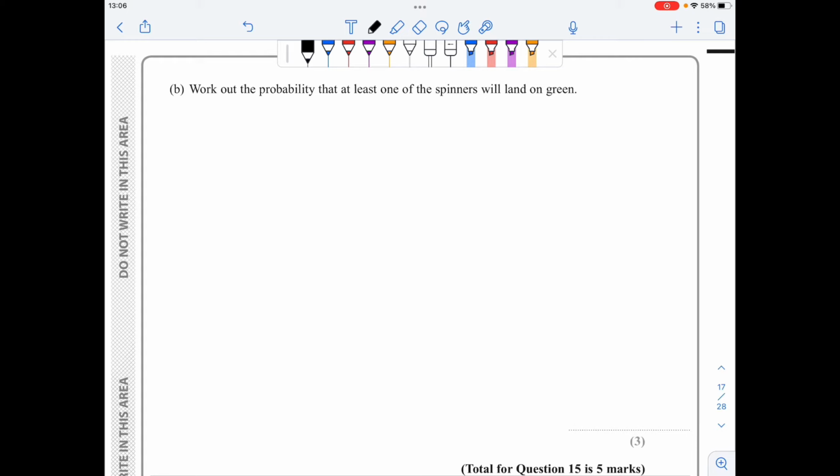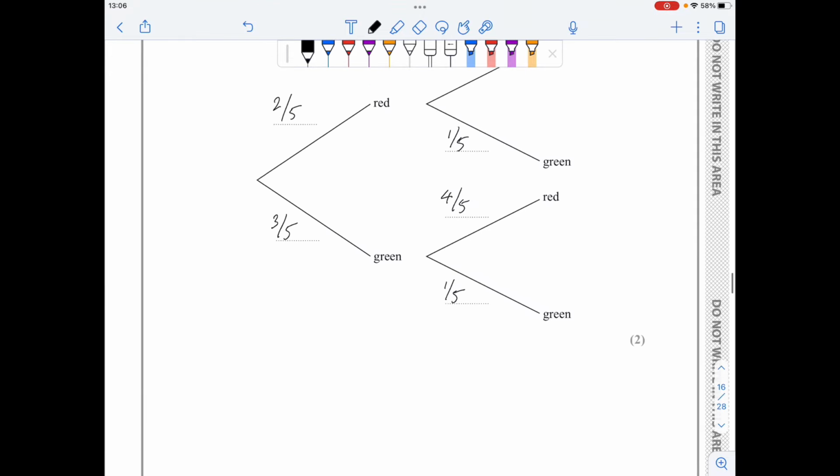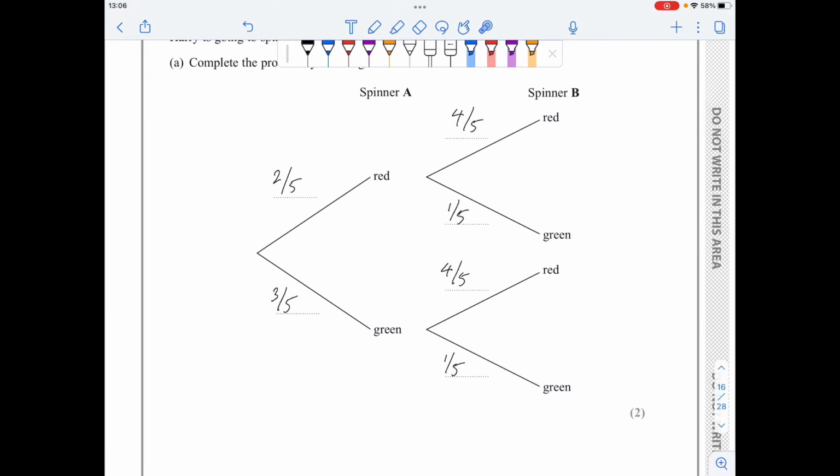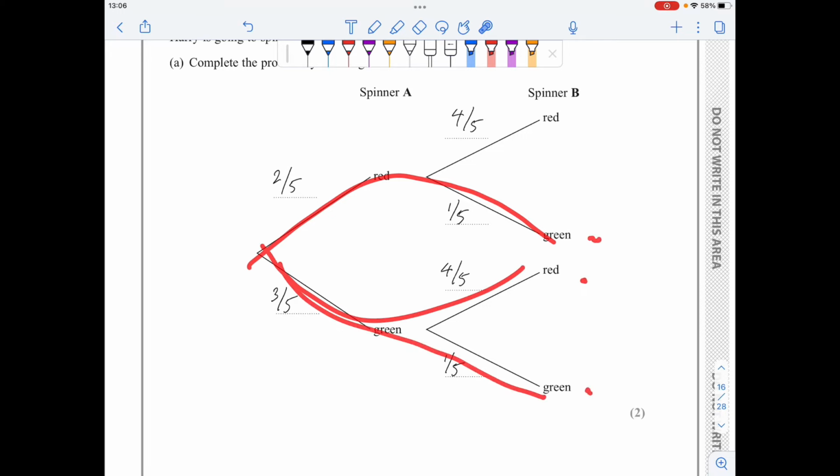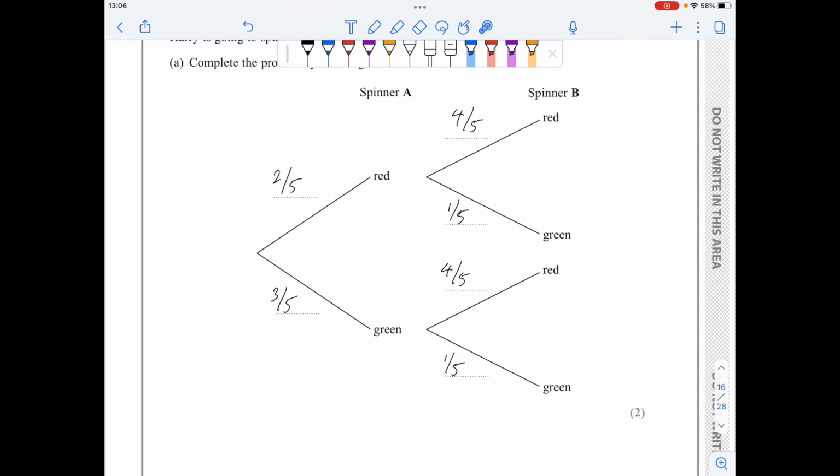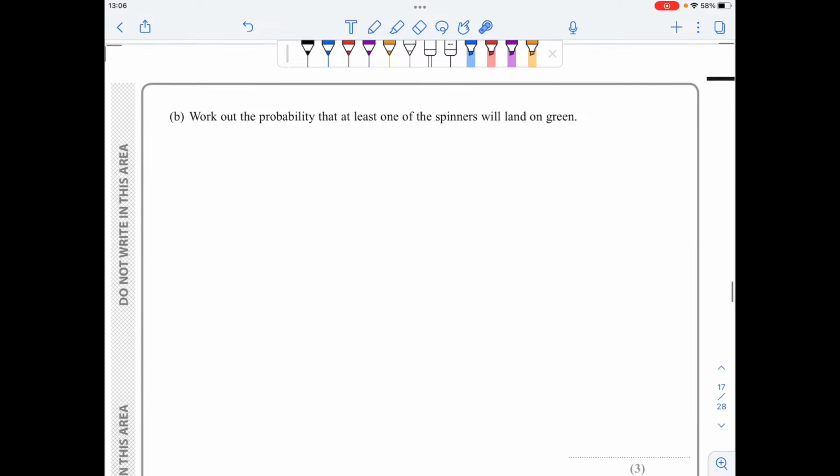For part B, I need the probability of at least 1 green. Now, at least 1 green, there are 2 ways to do that. I can either find all the combinations that give at least 1 green. So I've got these rows, I've got these rows, and this one, and add these outcomes together. Or I'll find the only one that doesn't satisfy this condition, the red one, and then do 100%, which is 1 minus this probability. So let's proceed with the second method.